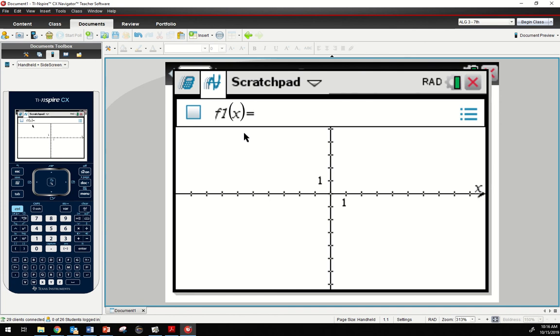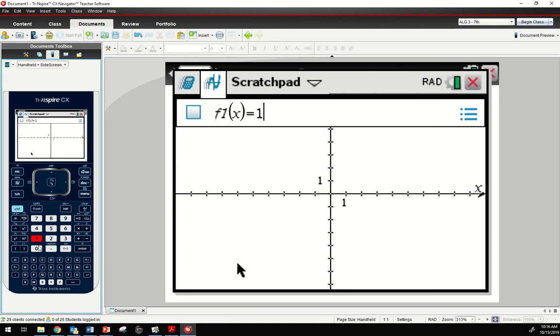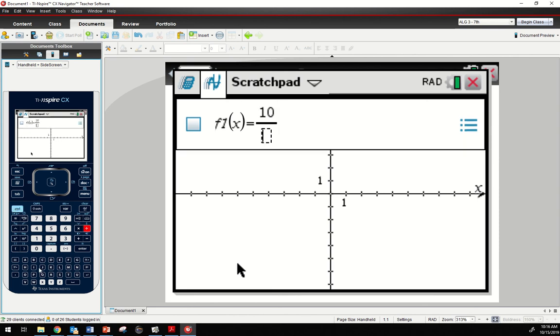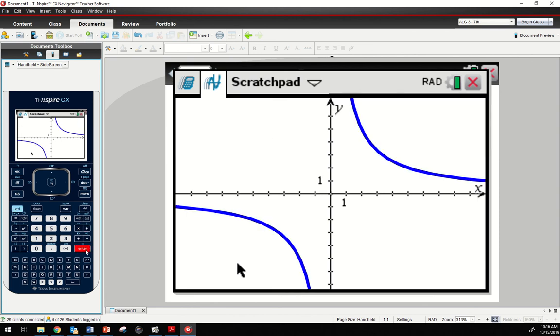X. So what am I writing on the calculator? 10 over x. Very good. All right, 10, control, divide, and then there's my x. Bam, there we go. There's that mother function. That's my starting function. That is the mother function.